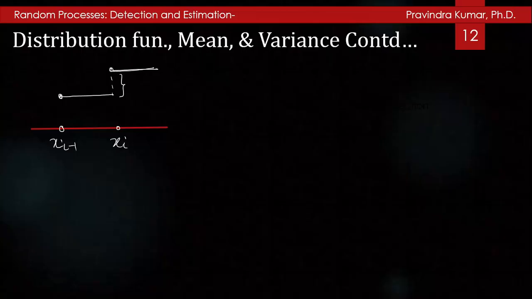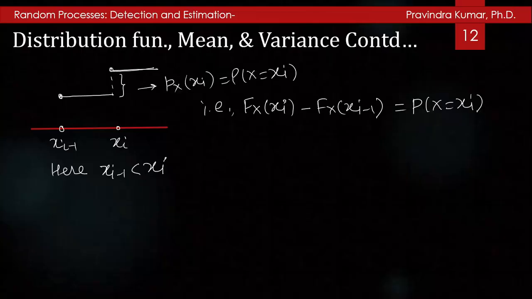And then if x_i is greater than x_{i-1}, at this point the jump indicates the PMF, where this is the value of the CDF at x_i and this is the value of the CDF at x_{i-1}.